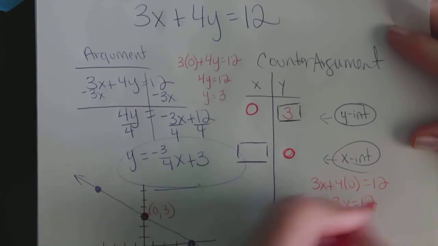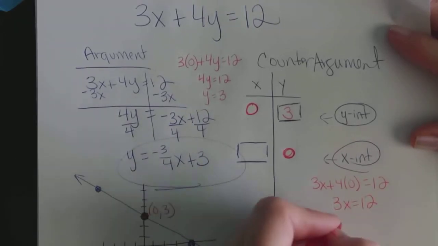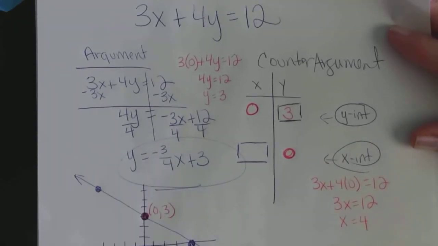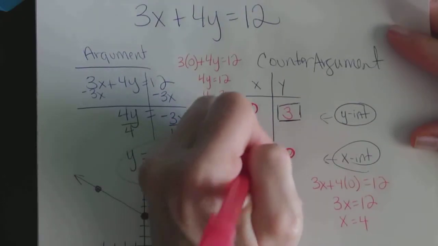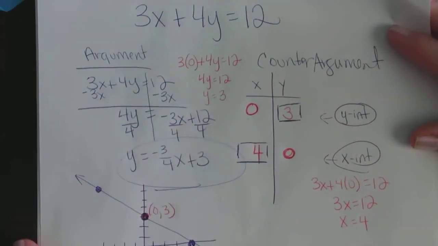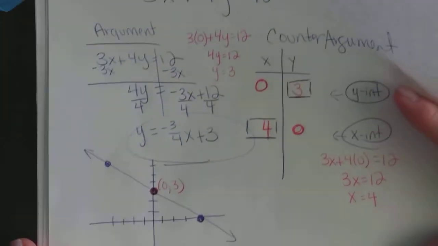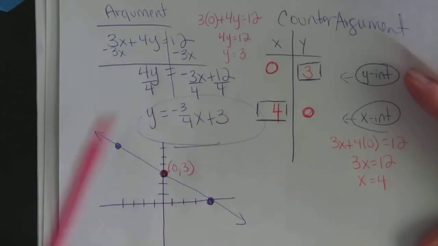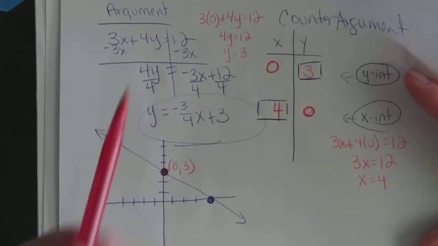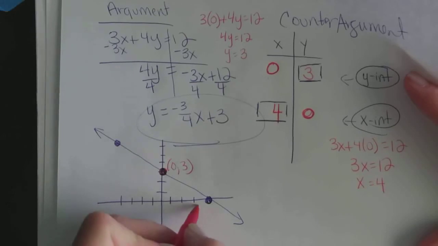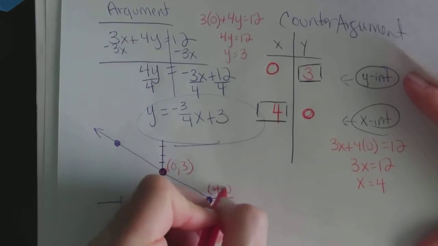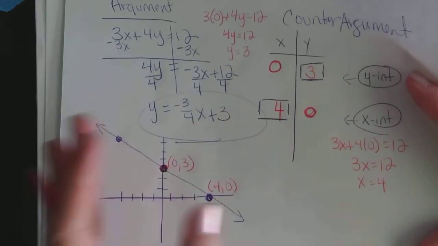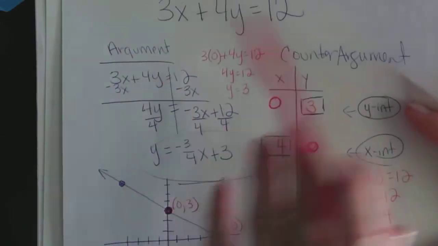So now you have 3x equals 12. Divide by 3, and x is 4. So 4, 0. Let's look at the line here and see if it actually did cross the x-axis at 4, 0. Well, sure enough, it does right here. 4, 0.